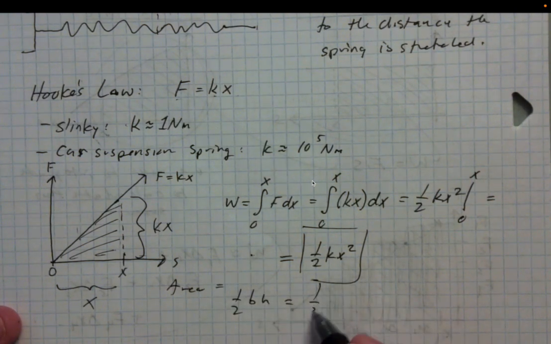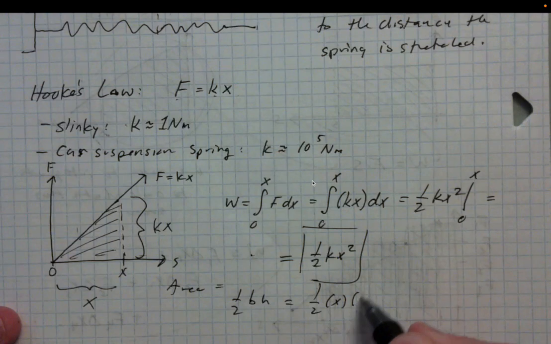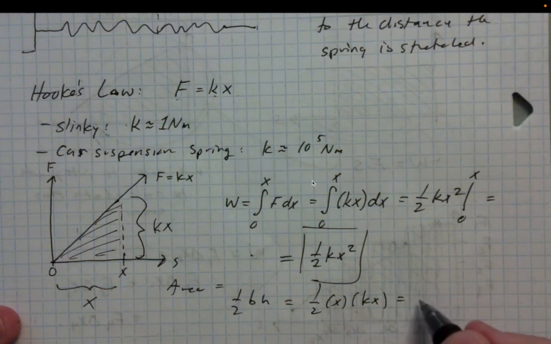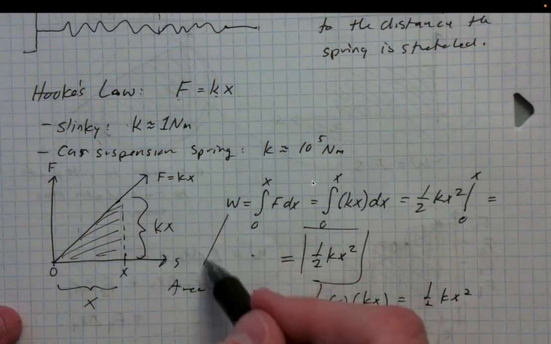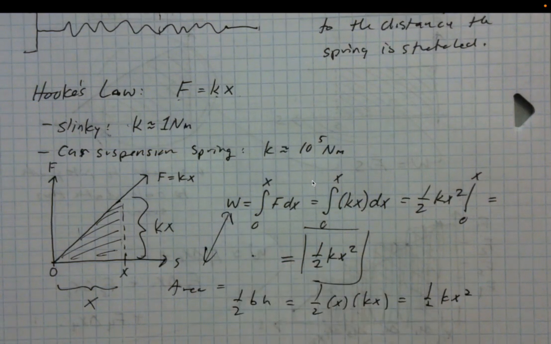So it's 1/2 x times kx, and so it's 1/2 kx squared. And this just confirms that the integral works, and hopefully this is intuitive if you think about how springs actually stretch. Okay. All right. Perfect. Let's do an example.